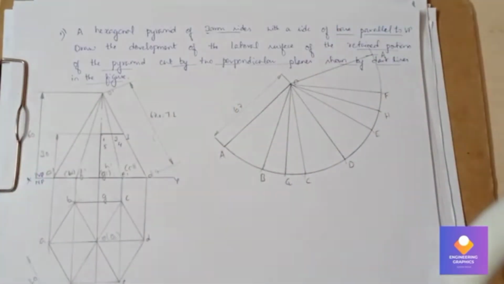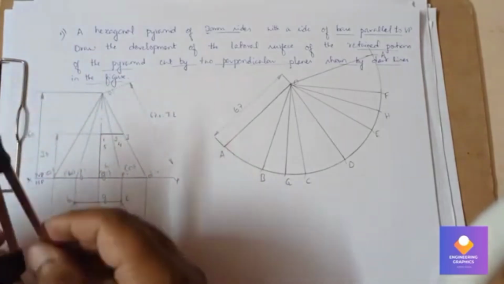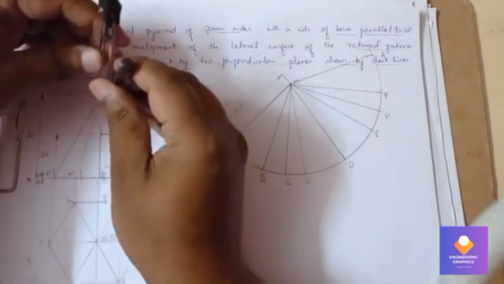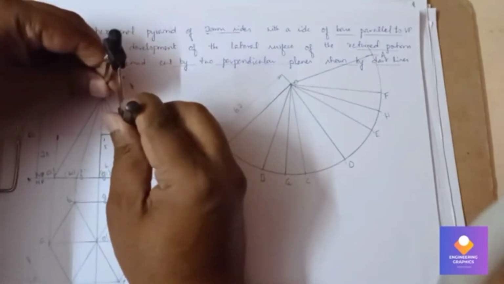Now we can see that all these lengths are of the same length. The arc points which have been cut, 1, 2, 3, 4, 5, are all on the same length.